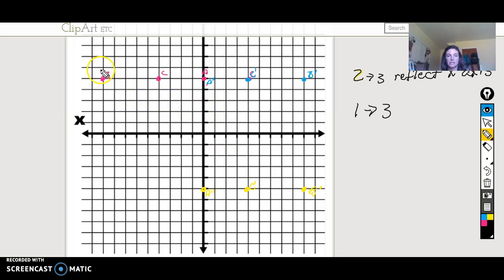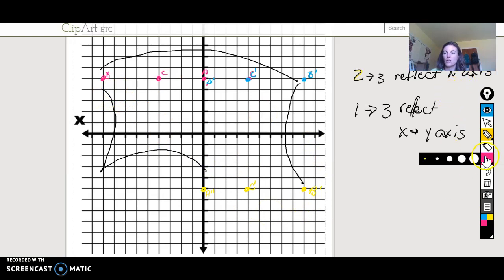So we went to here, that was our reflection over the y-axis, and then to here, that was the reflection over the x-axis. Okay, so we reflected over the x and y-axis. And the order that you would do that in doesn't necessarily matter. We could have first gotten down here and then over, or over and then down. Either way would work.